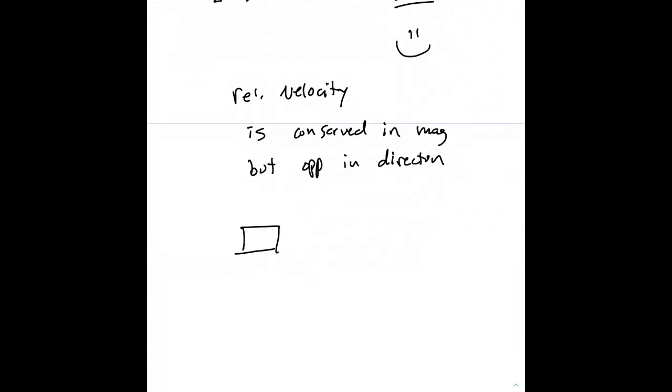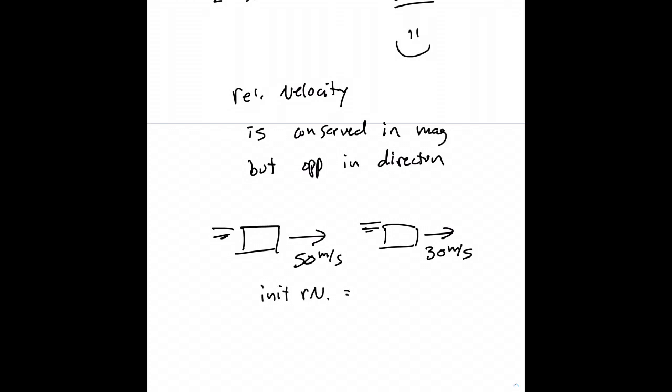If one block traveling to the right at 50 meters per second collides with and overtakes another block that's traveling to the right at only 30 meters per second, then we would say the initial relative velocity is equal to 20 meters per second.